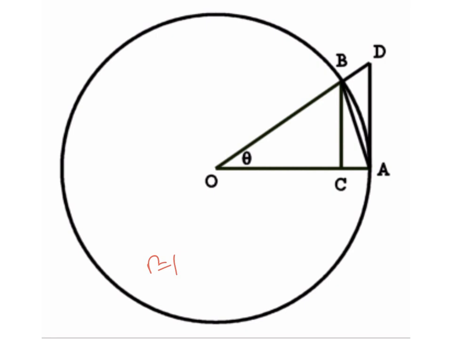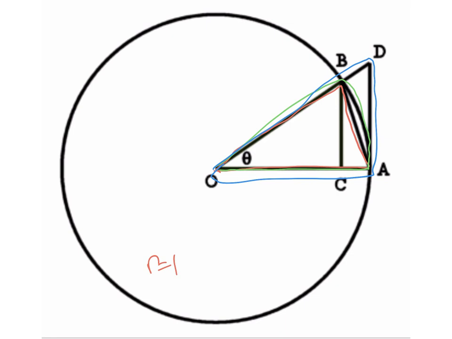And I want you to notice that if we focus on 3 of the shapes here, triangle OAB, sector OAB, and triangle OAD, I think you'll agree that the area of the red triangle, triangle OAB, is less than the sector OAB, which looks like a piece of pizza.